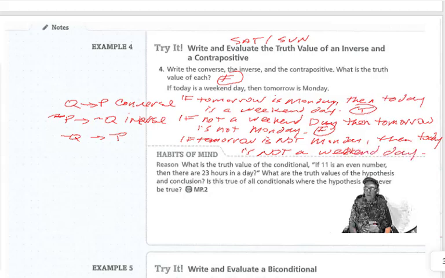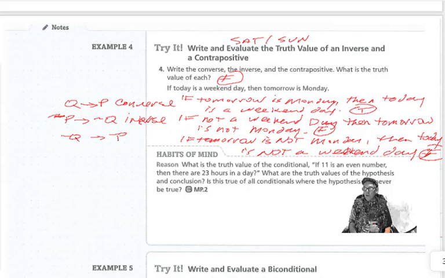So let's see how that works. If tomorrow is not Monday, okay, tomorrow's not Monday, it could be Tuesday, it could be Saturday, it could be Sunday, then today is not a weekend day. Well, now what if it's Sunday though? If tomorrow's not Monday, it could be Sunday, but now today would be Saturday, that would be a weekend day. That would be a counterexample, and we could use it to say that this statement is actually false.